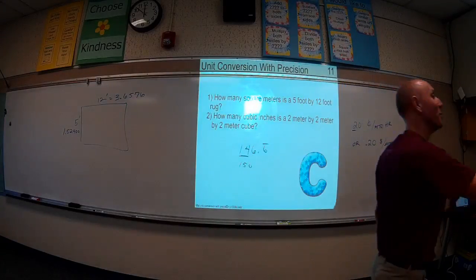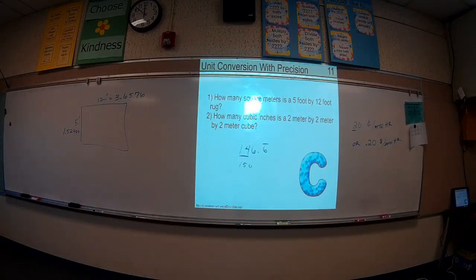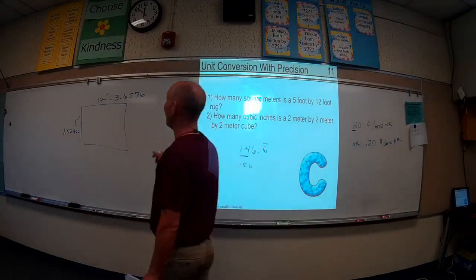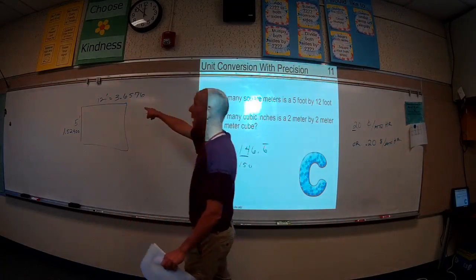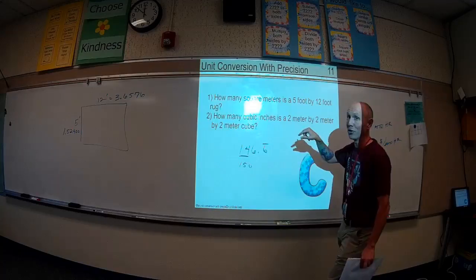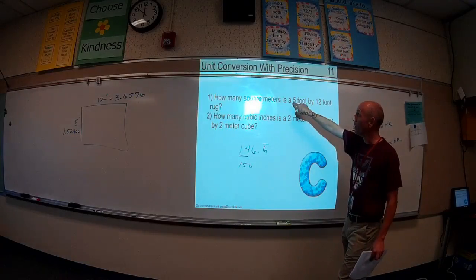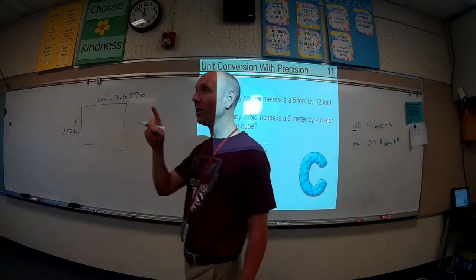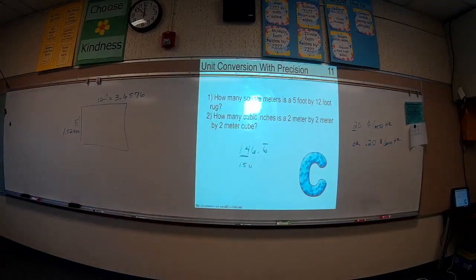Wait. So I can't get more precise. How many sig figs do I have in my original numbers? 1 sig fig. My final answer should include 1 sig fig. I can't get better than that.